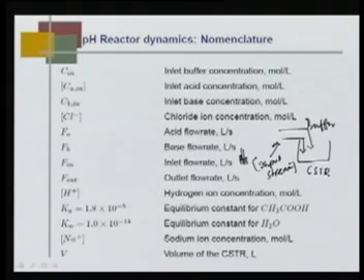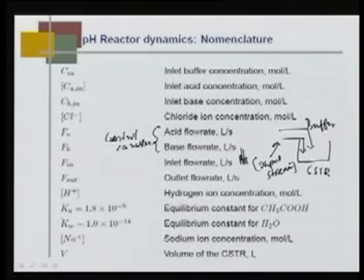Fin is the inlet flow rate. The acid flow rate and base flow rate are control variables. Fin is the input flow rate, we have no control over it, the input coming from the plant. Fout is the output flow rate, and H plus is the hydrogen ion concentration.